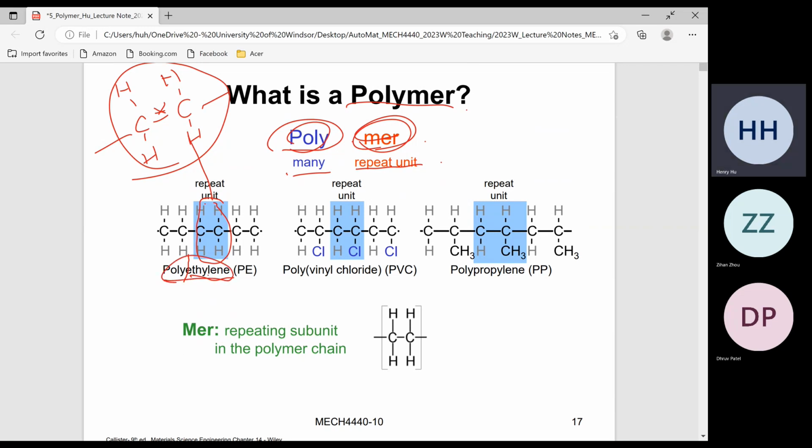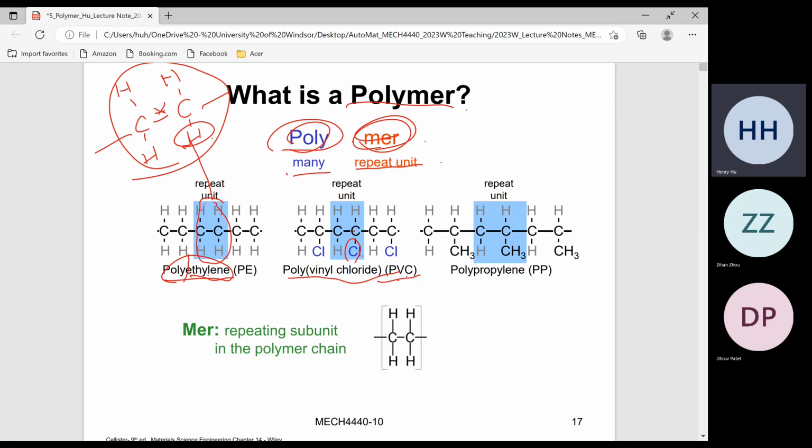And then the second example is polyvinyl chloride, the short form is called PVC. What happens is in the ethylene unit, one of the hydrogen atoms is replaced by chlorine. So it generates a repeat unit of 2 carbons, 3 hydrogens, and 1 chlorine. And then this unit repeats and forms what they call PVC, polyvinyl chloride.